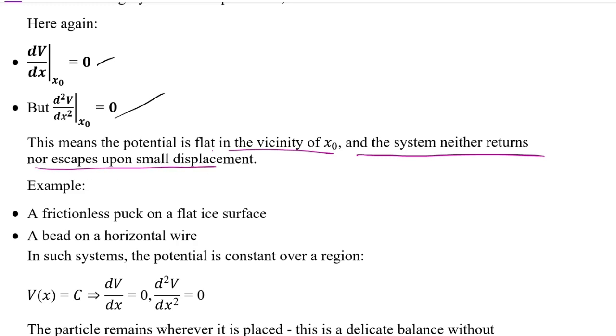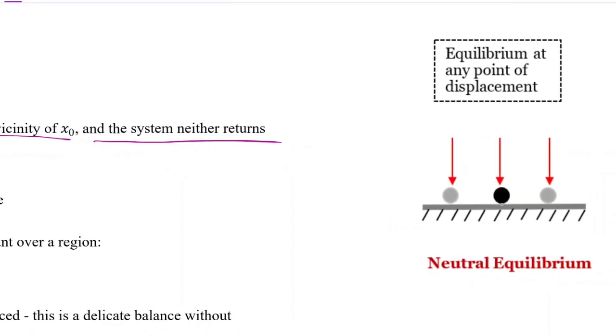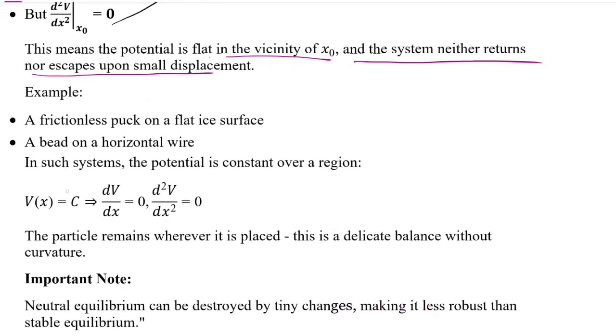upon a small displacement. For example, this is the situation. So this is the original position. When we give a small displacement in either this direction or this direction, it will never return to the original position. In such systems, the potential is constant over a region.